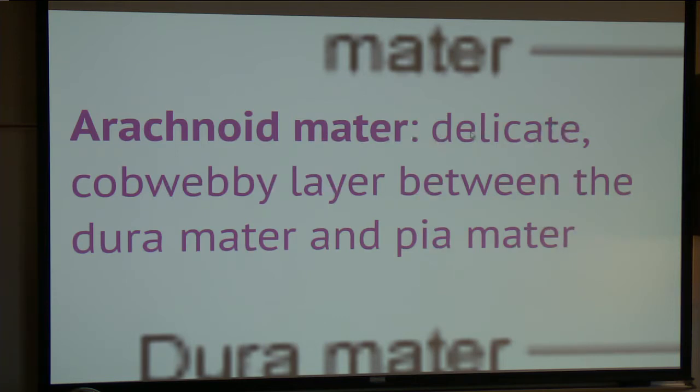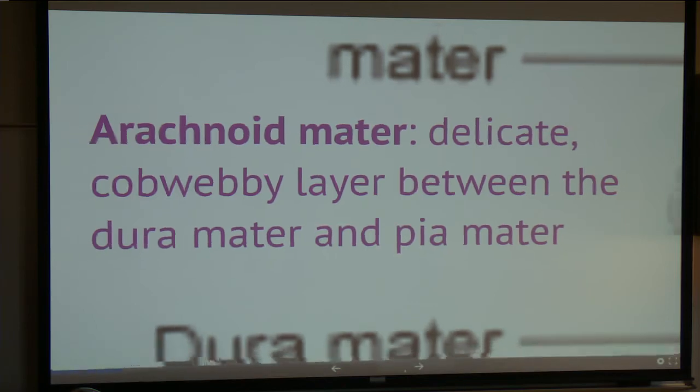A lot of the cobwebby pieces are called trabeculae because they extend like the trabeculae of spongy bone, but they fall down and get all messed up when we actually access the brain. So it's very delicate and cobwebby, and that's your middle layer between the dura and the pia.